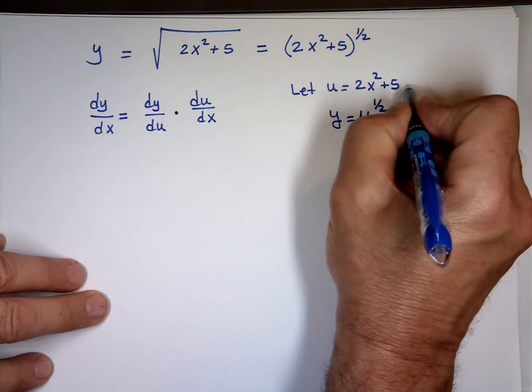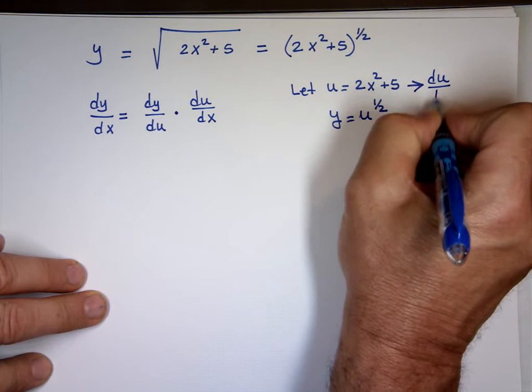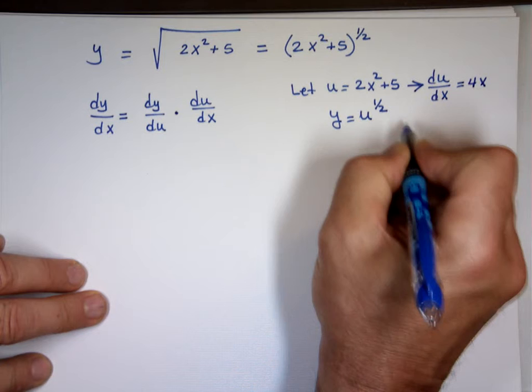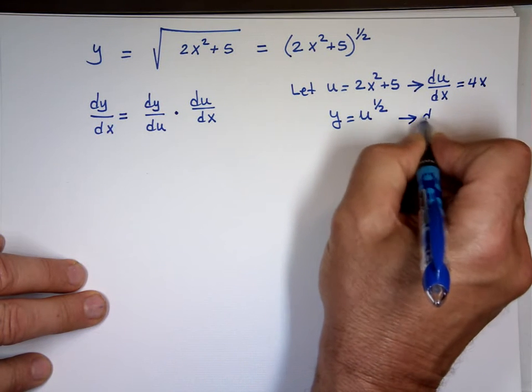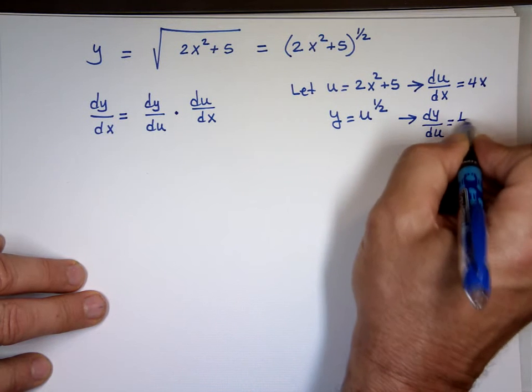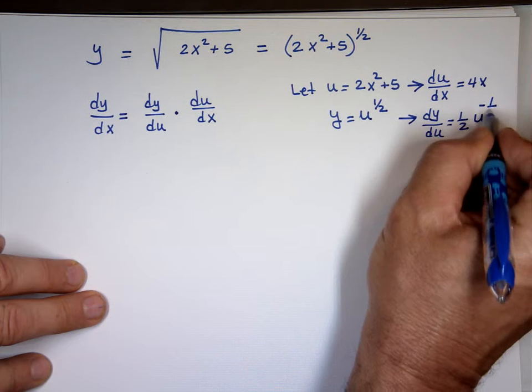Let's find the derivative of each one. That's a 4x. Let's find the derivative of this, dy/du. It's 1/2 u to what power? Negative 1/2.